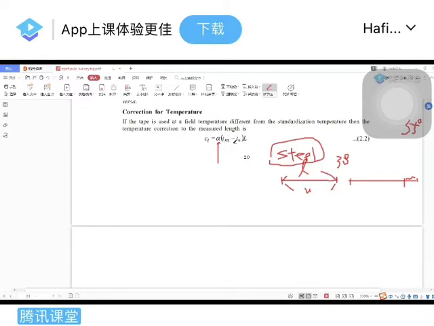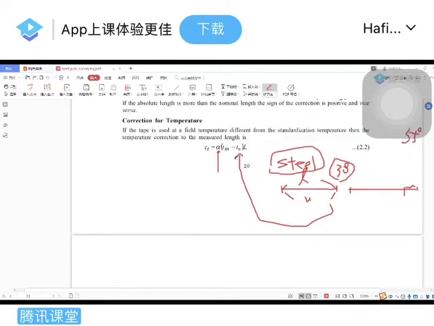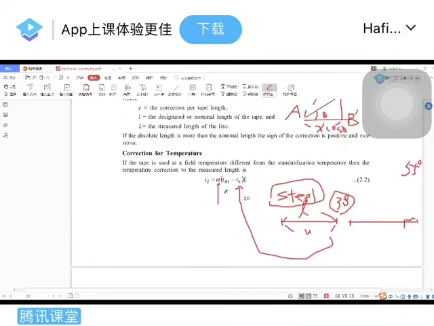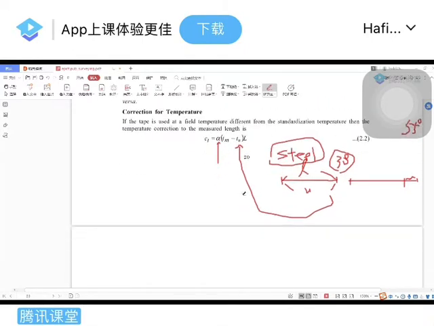Okay, so T0 is your standard temperature. Here in this case it is 30 degrees. It doesn't mean T0 is fixed. In this world, there is nothing called the standard temperature, because the temperature varies so much.